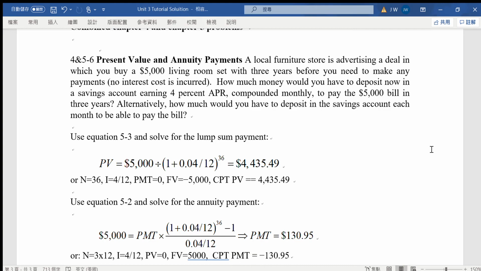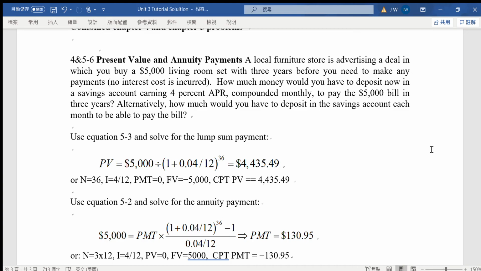How much money would you have to deposit now in a savings account earning 4% APR, compounded monthly, to pay the 5,000 bill in 3 years? Alternatively, how much would you have to deposit in a savings account each month to be able to pay the bill?